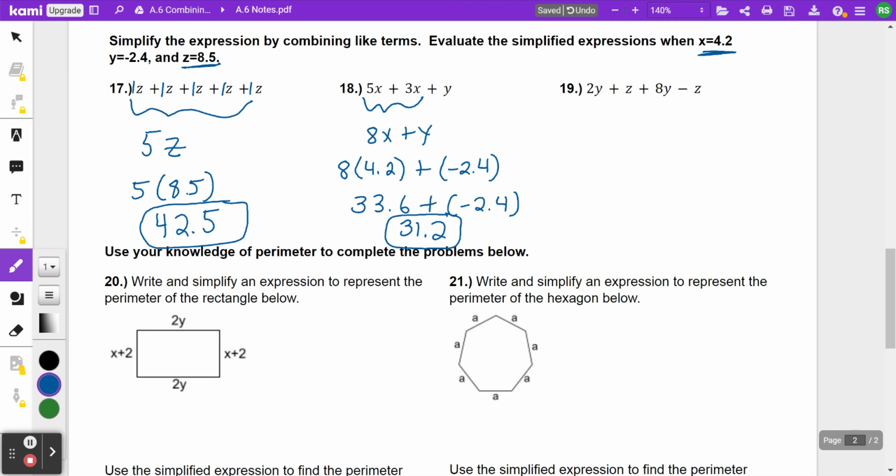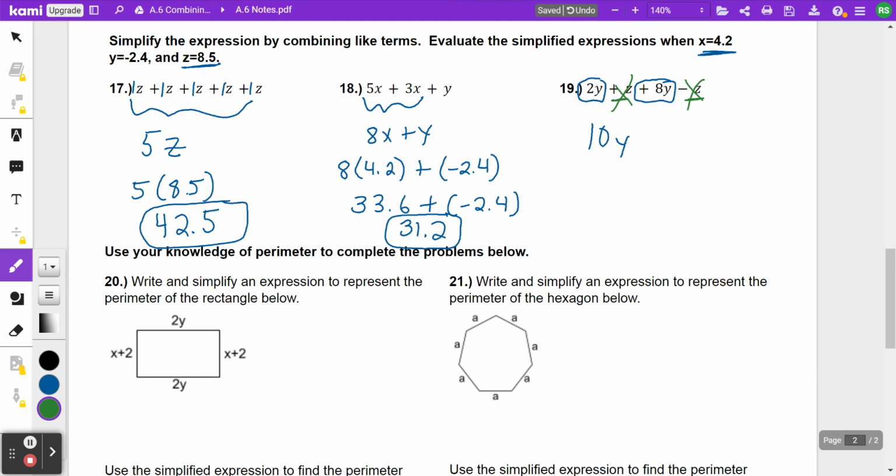All right, let's see. 19, 2y plus z plus 8y minus z. We can combine the 2y and the positive 8y to give us 10y. Then we have 1z and negative 1z, which is actually 0z, so those disappear. So this expression simplifies to 10y.